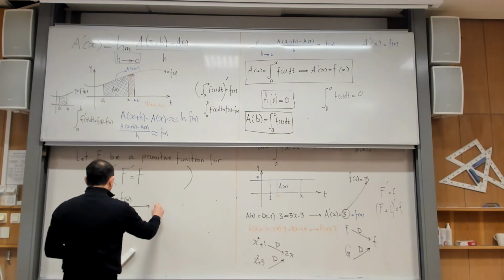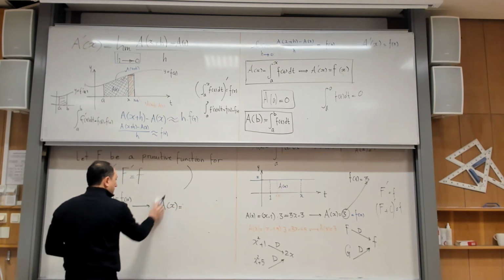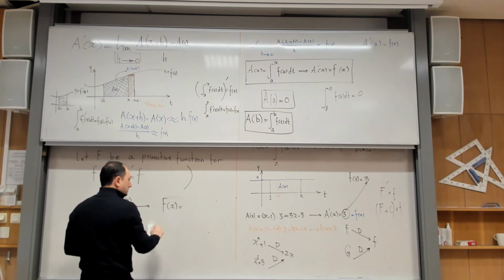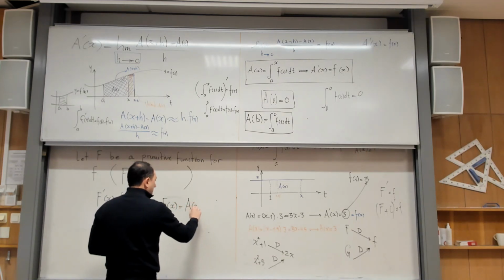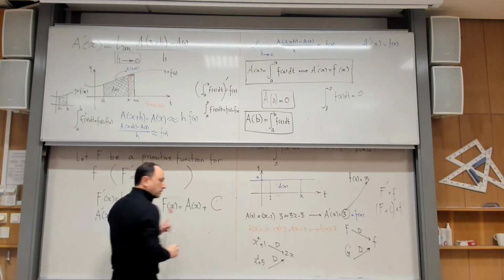I can conclude that F of x is equal to A of x plus a constant. Is that understandable?